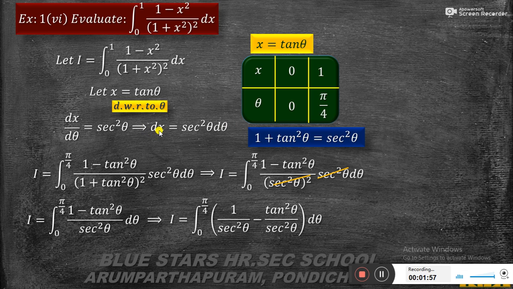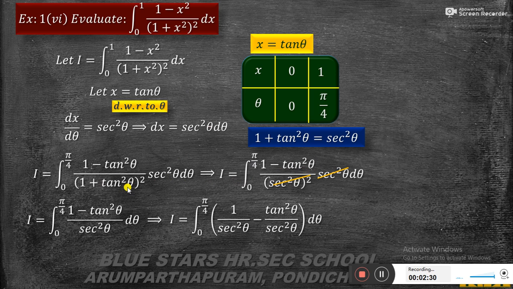Now I substitute into the given integral I equal to integral 0 to 1 of (1 minus x square) by (1 plus x square) whole square dx. So I equal to integral 0 to pi by 4 of (1 minus tan square theta) by (1 plus tan square theta) whole square, into dx equal to secant square theta d theta.